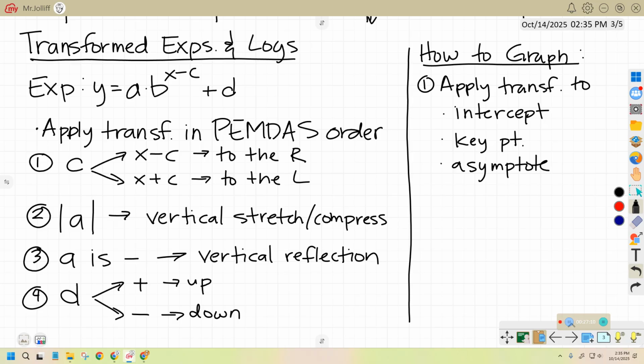Should only have one of each. And we do them that way regardless of whether it's exponential or logarithmic.